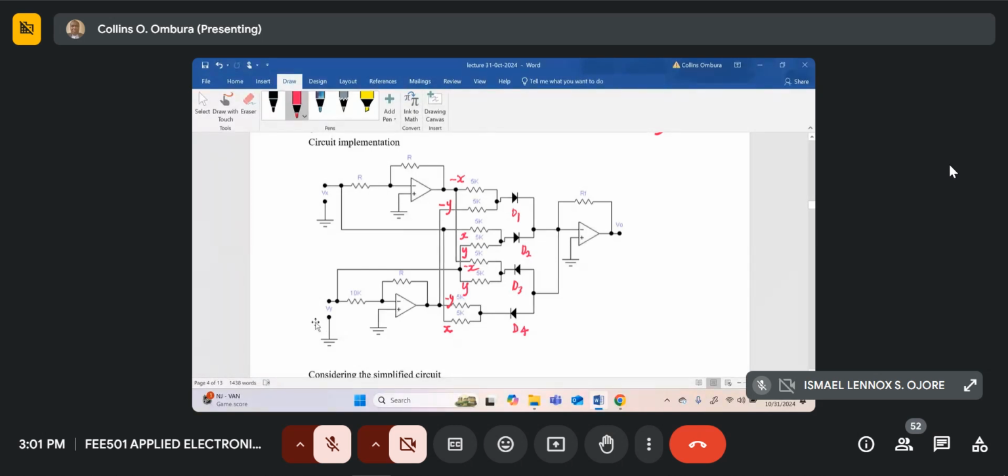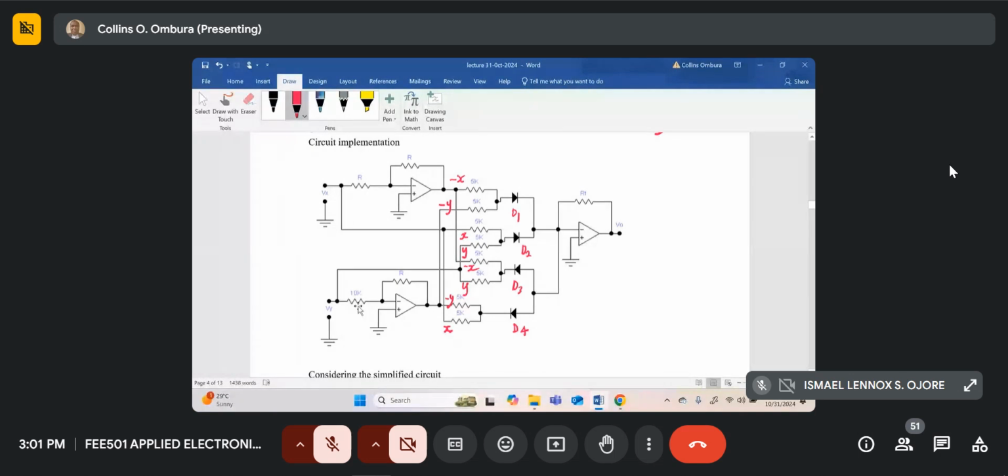In the next class, we'll go through this. These are the diodes D1, D2, D3, D4, which perform the squaring. Now for analysis, I'd put some values over here because this is an op-amp. Input is connected to the negative, feedback resistance R, input resistance R, so the output of the op-amp here is minus X. And this other input, if you follow it, goes to the output of the second op-amp, whose input is Vy.